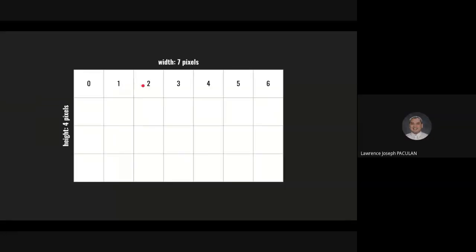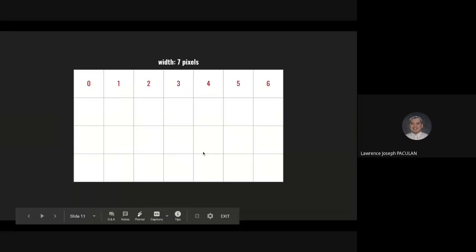So in this case, we have index 0, index 1, index 2, index 3, until 6. So this is from 0 to 6.